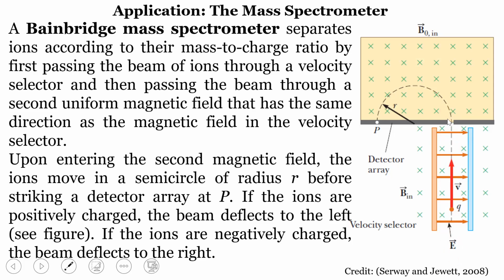When they enter, what they experience in the second region will be just a magnetic field without an electric field. The magnetic field they experience in the second region will make them deflect depending on the nature of their charge, and also depending on the ratio of their mass to charge.